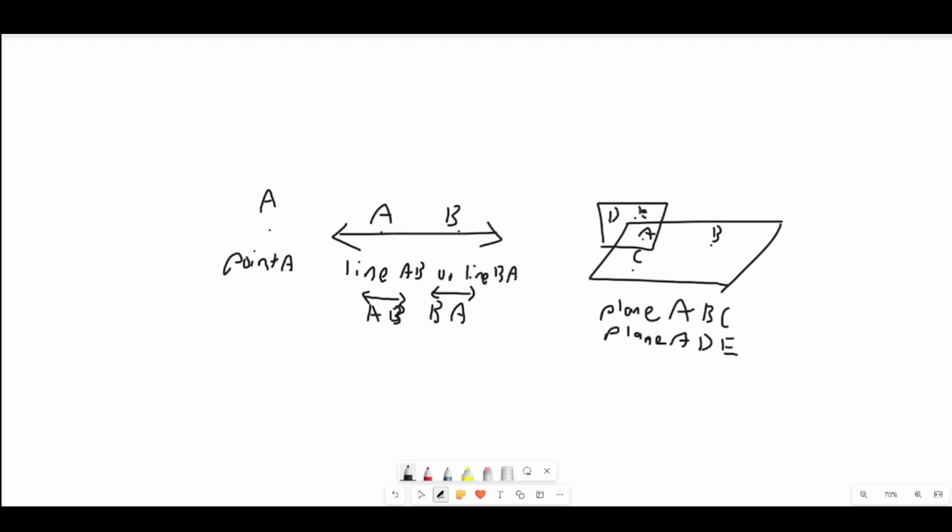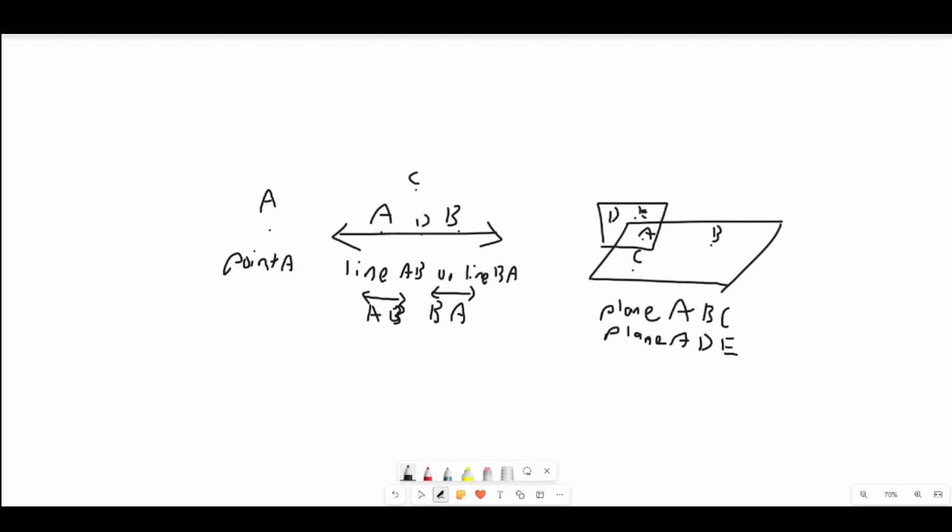So then we have a few more definitions. Collinear points. Collinear is really simple. It doesn't have to be two, but collinear points are points that lie on the same line. So A and B here are collinear, but A and C are not collinear. B and C are not collinear.